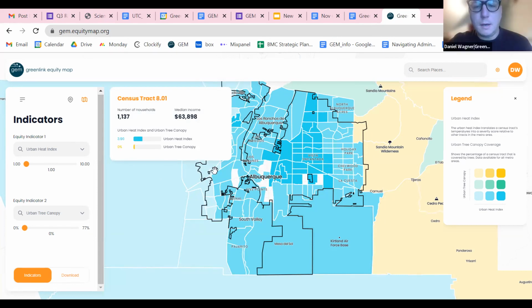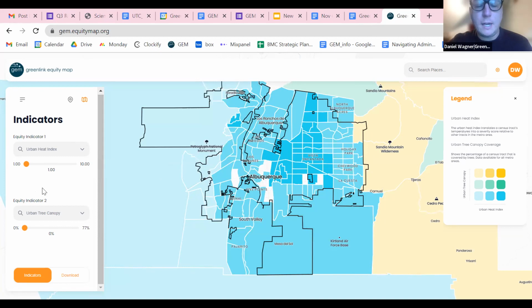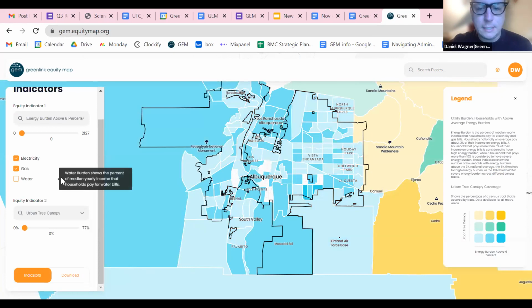Okay. So in my group, we ended up looking at Albuquerque because we had a couple of folks from Albuquerque. And similarly, we looked at Raleigh and Atlanta.